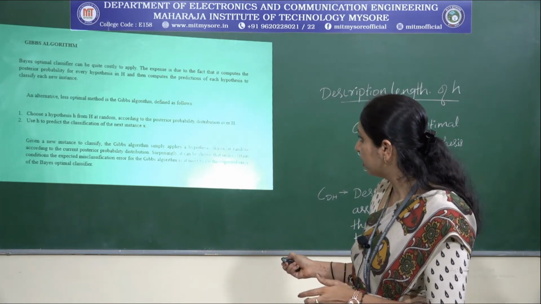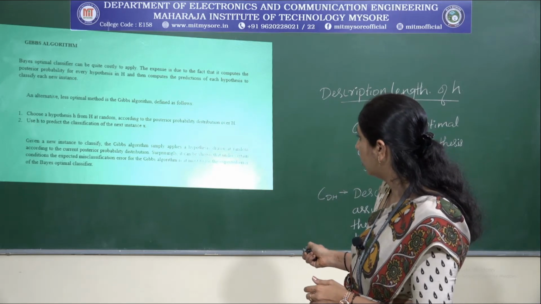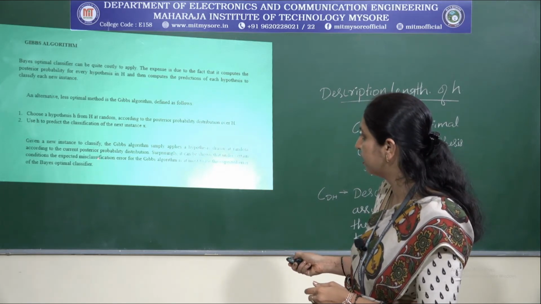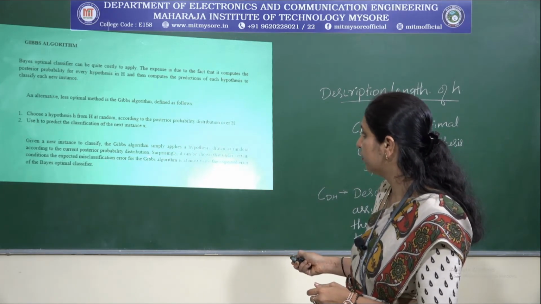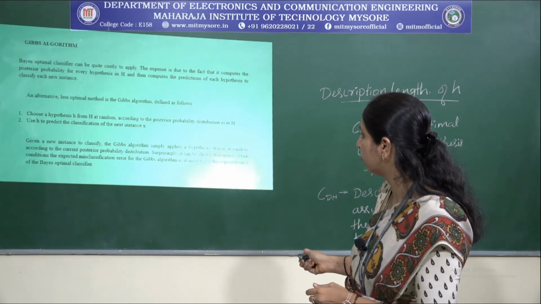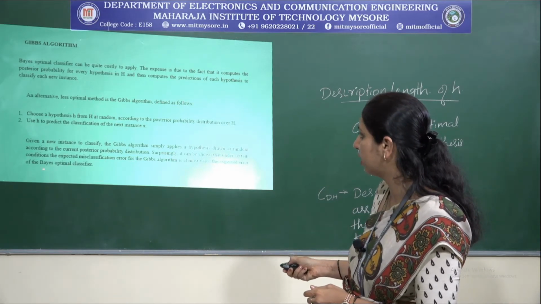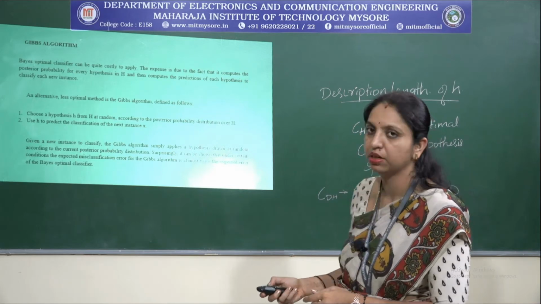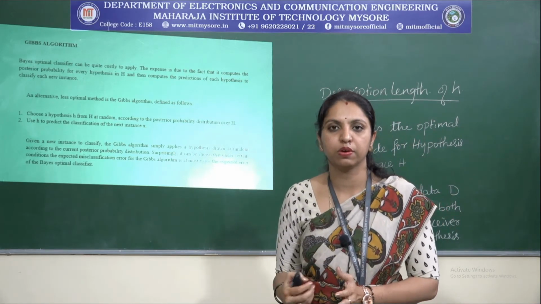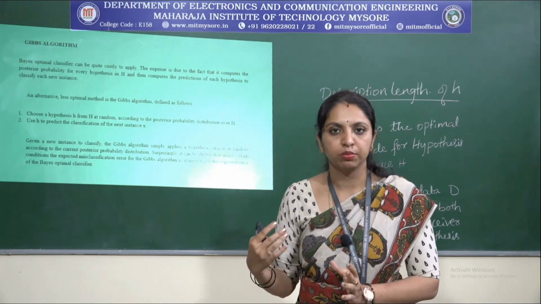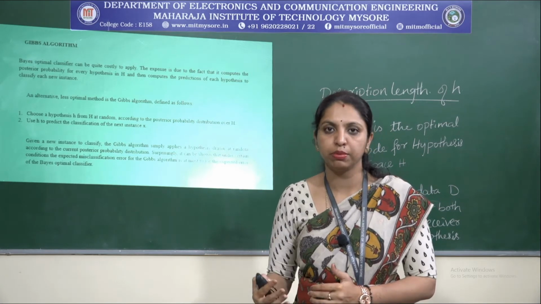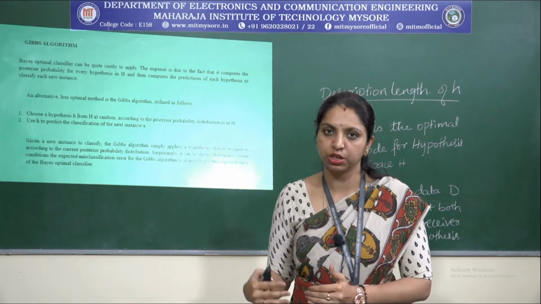Surprisingly, it can be shown that under certain conditions, the expected misclassification error for the Gibbs algorithm is at most twice the expected error of the Bayesian optimal classifier. The Bayesian optimal classifier always works based on the most probable hypothesis, which is based on maximum posterior probability.